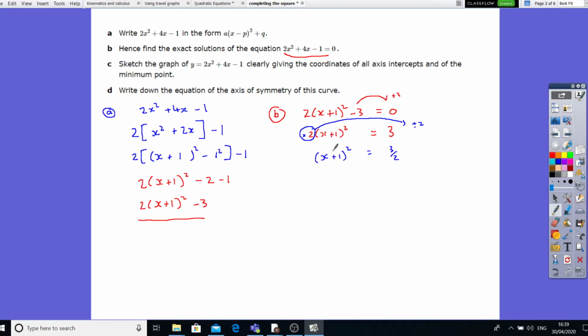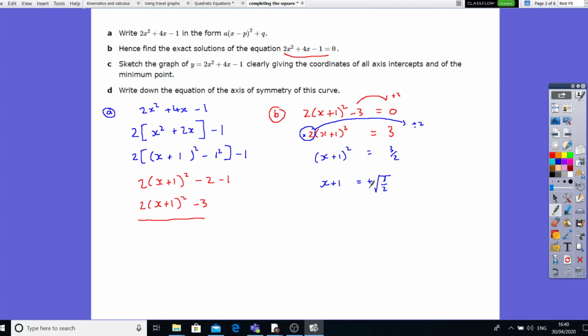Now, the opposite of squaring is square root. Now, it does want the exact solution, so we've got to be careful. So, opposite of squaring is square root, so that tells me that I'm going to get x plus 1 is going to equal 3 over 2 square root.